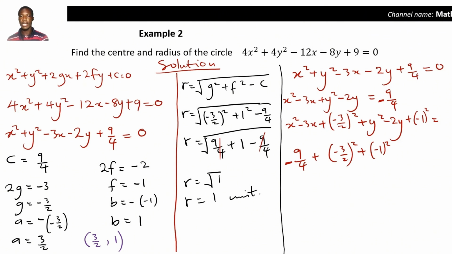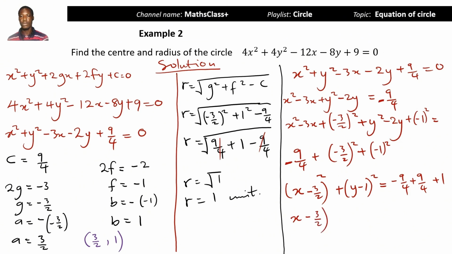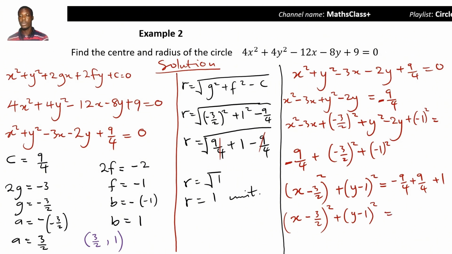So now we take the first three terms and then express it as x minus 3 over 2 all squared. Then we will add it to y minus 1 all squared, and it will be equal to negative 9 over 4 plus 9 over 4 plus 1. And that gives us x minus 3 over 2 all squared plus y minus 1 squared is equal to 1.